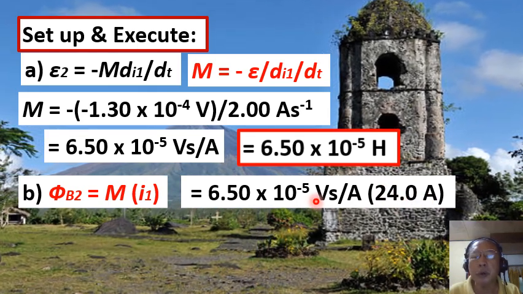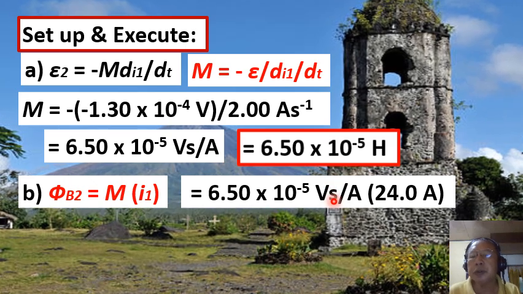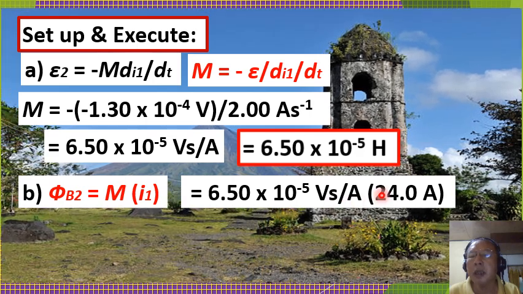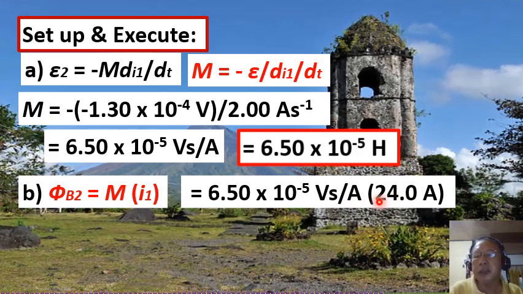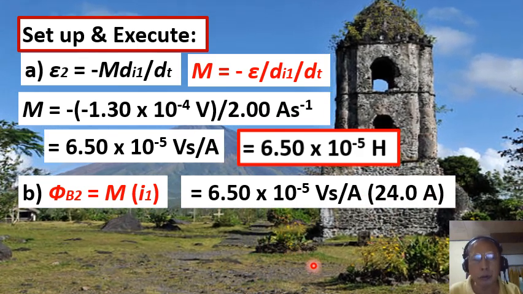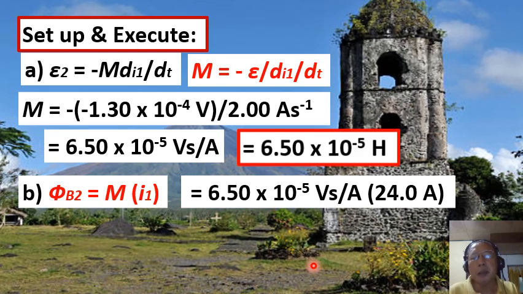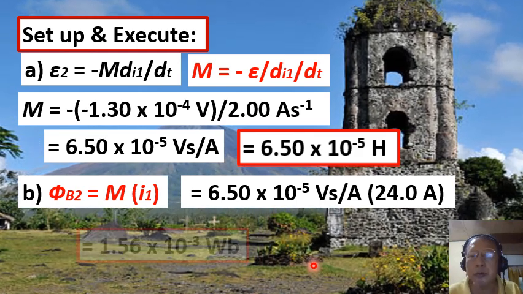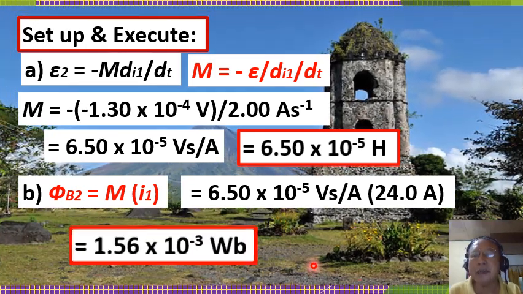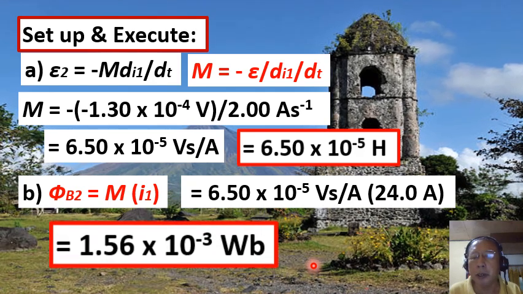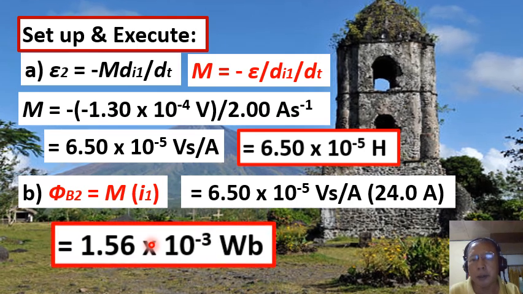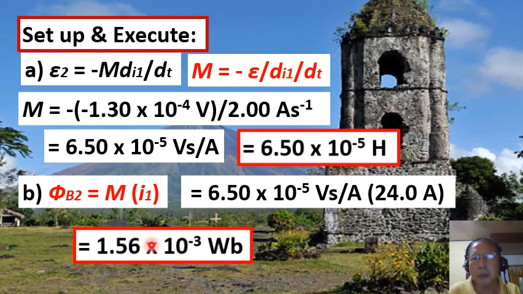Instead of henry, we use the equivalent unit for inductance, which is volt second per ampere, which tells us that the unit ampere gets cancelled, and we arrive at the value of the total magnetic flux, phi sub B2, equal to 1.56 × 10^-3 weber. Volt second is the same as weber, which is the SI unit for magnetic flux.